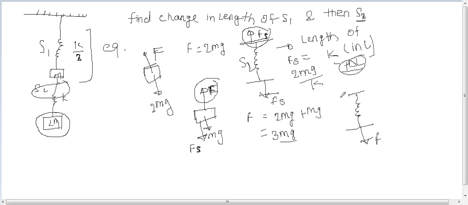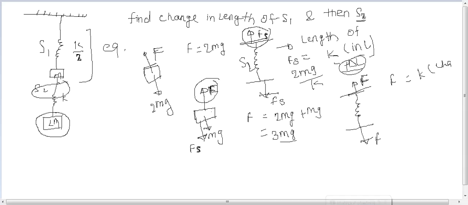The spring is massless, so the net force on the spring should be 0, so this must be f. And f is equal to k into the change in length. The length of the spring is going to increase.